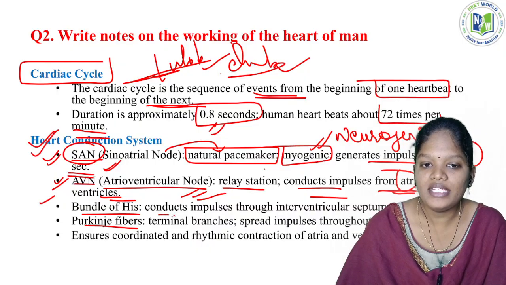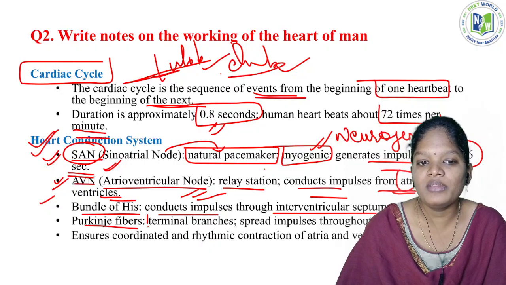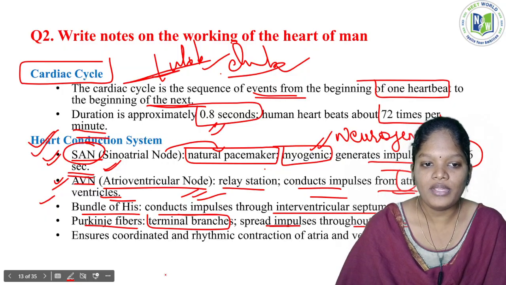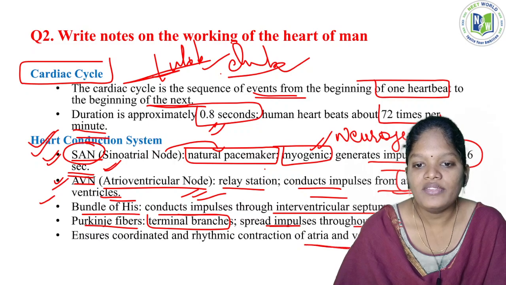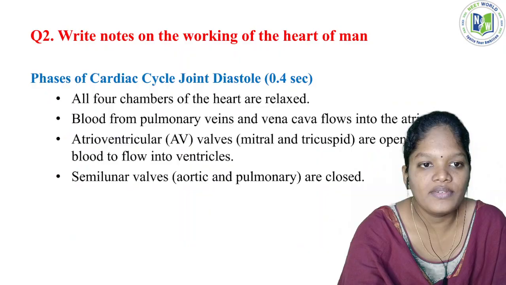The Bundle of His conducts the impulse through the interventricular septum. The Purkinje fibers, the terminal branches, spread the impulse throughout the ventricular walls. It ensures the coordinated and rhythmic contraction of the atria and ventricles. All these things we have discussed in the last question itself.